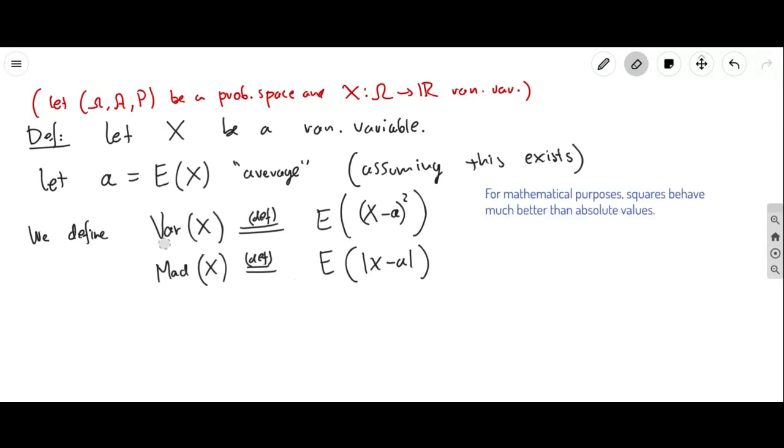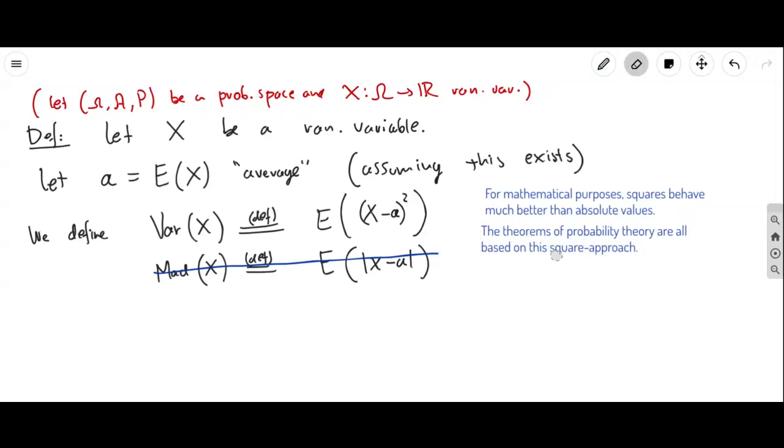That's why we measure the spread using squares and not absolute value. You could define it the other way, but that one is not actually used much in probability theory. The theorems of probability theory are all based on this square approach as opposed to the absolute value approach.